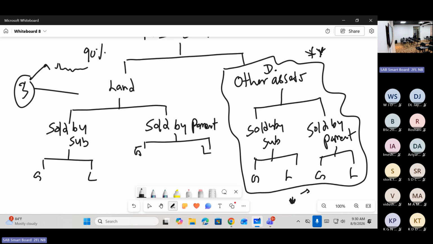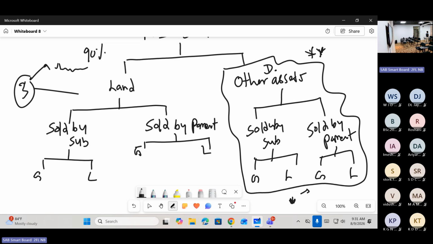You need to split that profit between whom? Parent and the NCI. You need to split the profit between the parent and the NCI, then you need to finalize the balance sheet. That's the third step.